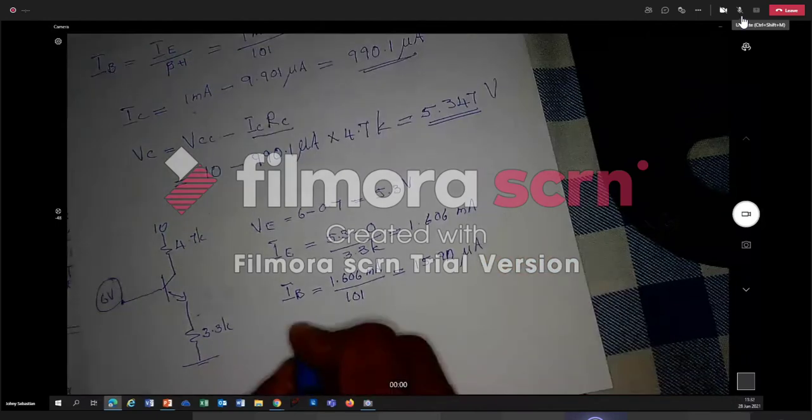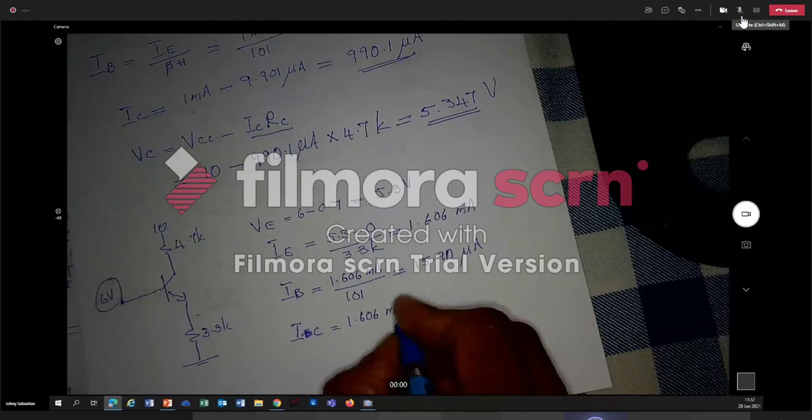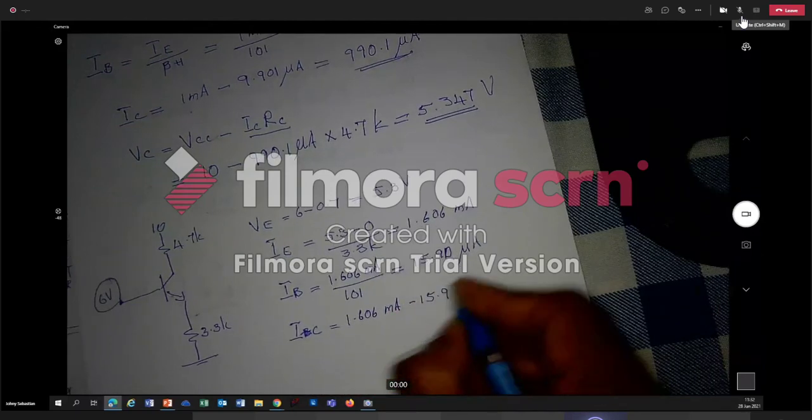That basically means collector current equals 1.606 milliampere minus 15.9 microampere.